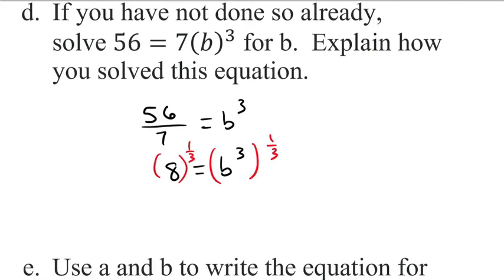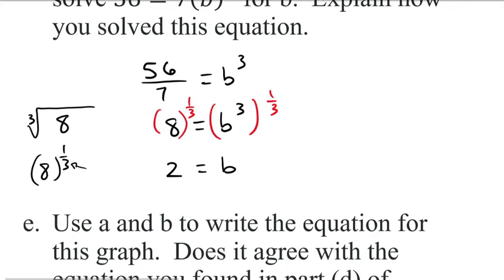And 8 to the 1/3 power is the number 2. By the way, a fun fact: 8 to the 1/3 is equivalent to the cube root of 8. These are alternate notations. In fact, this denominator right here is a root index, but I digress. So we get that 2 is equal to b.